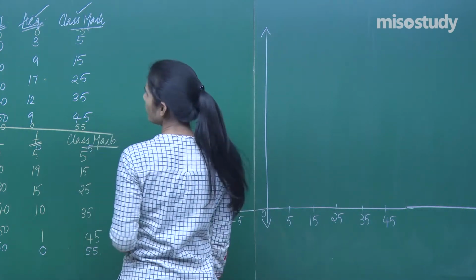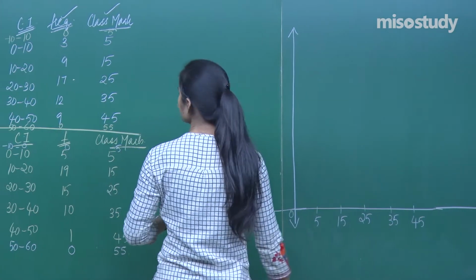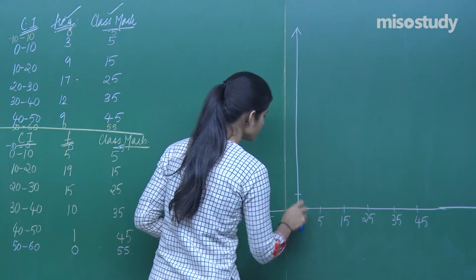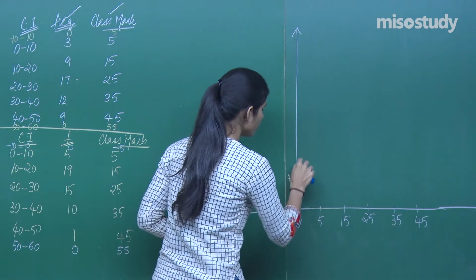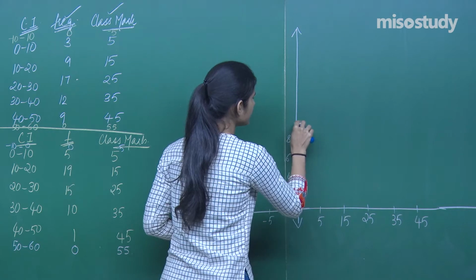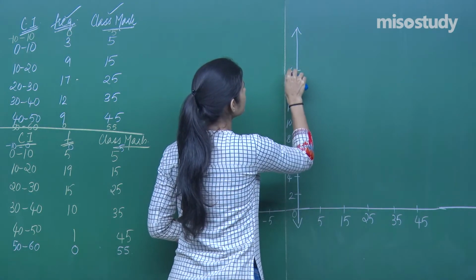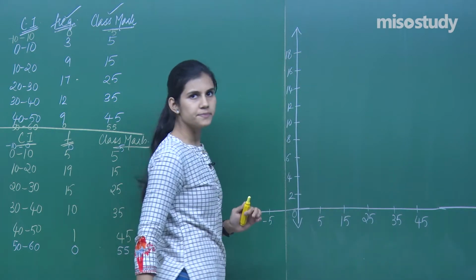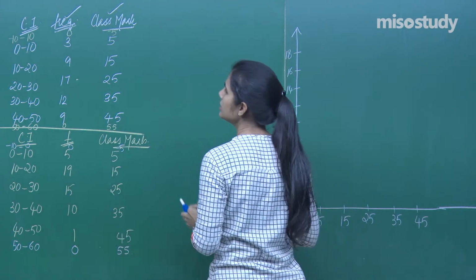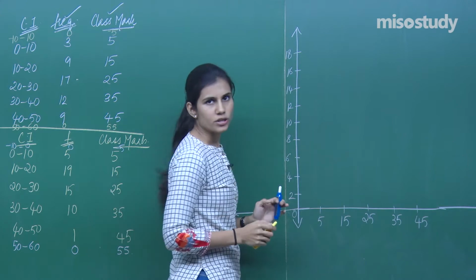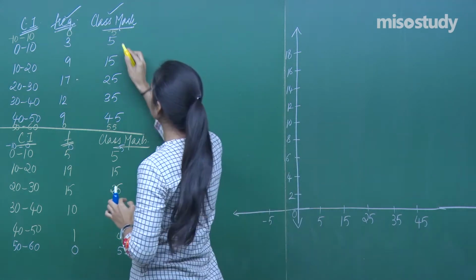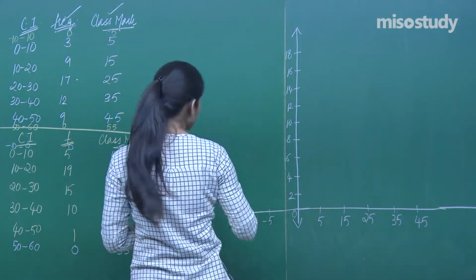Clear? On the y-axis you have to plot the frequencies. Let me take one big division as 2 units. So you have 2, 4, 6, 8, 10, 12, 14, 16, 18. Is it clear? Now it's time to plot the points. First you will plot class mark comma frequency: -5 comma 0.